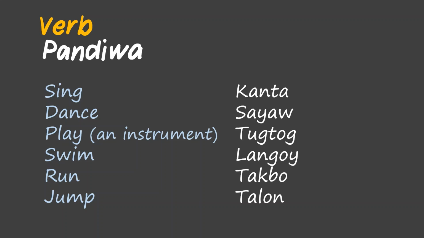It will be good practice for you to form the past, present, future, and imperative tenses of these words. Have fun! So these are sing, kanta, dance, sayaw, play a musical instrument, tugtog, swim, langoy, run, takbo, jump, talon.